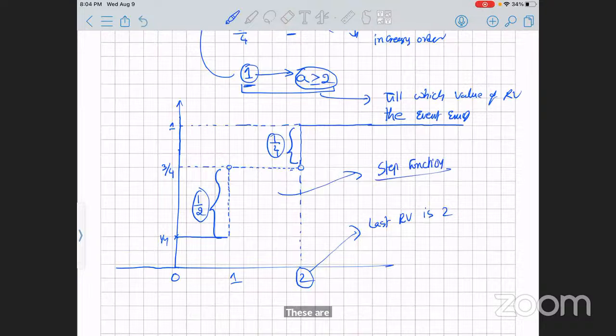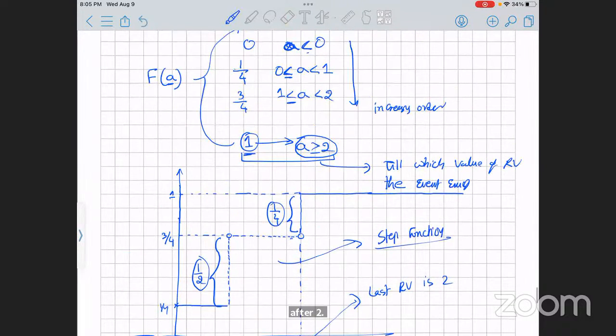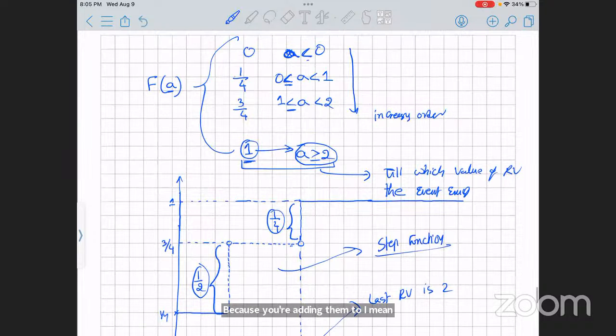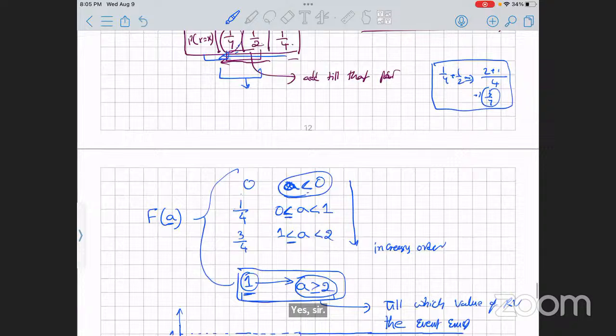Sir, I didn't understand why we continued the function after 2. Look, because you are adding till 2. If A is less than 0, it is 0.